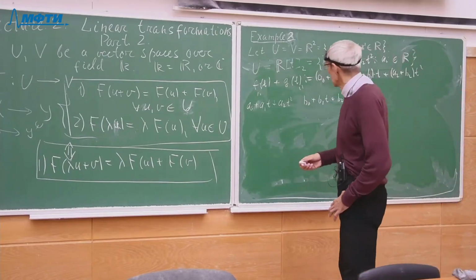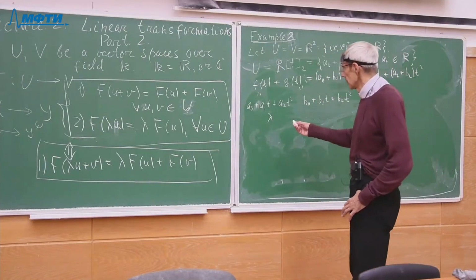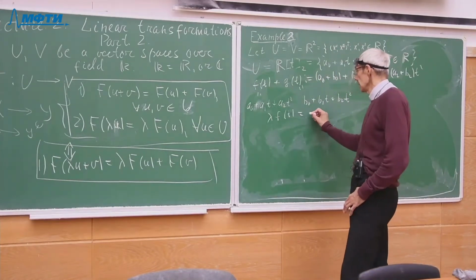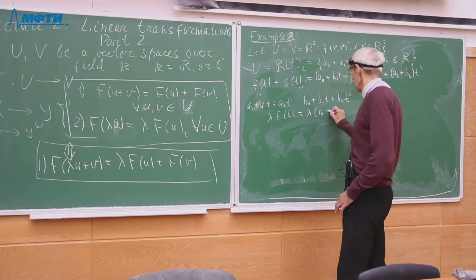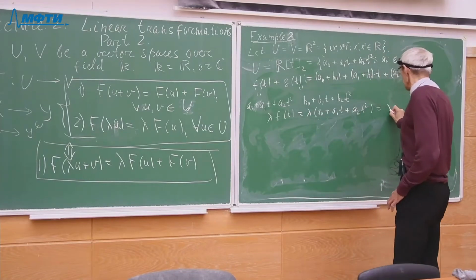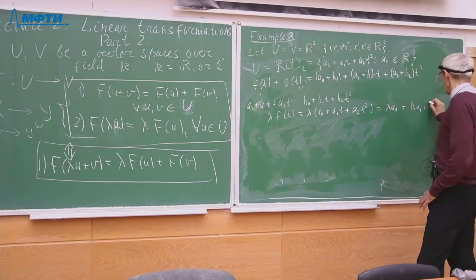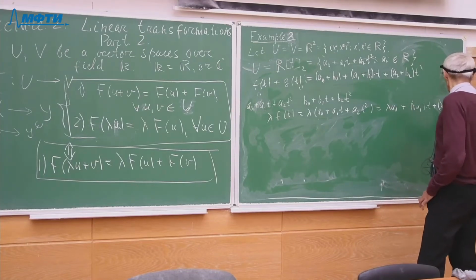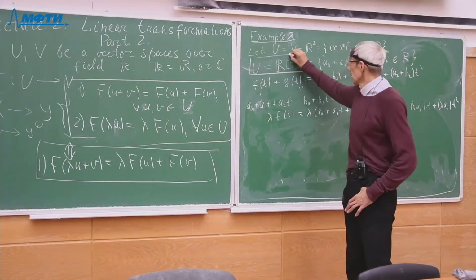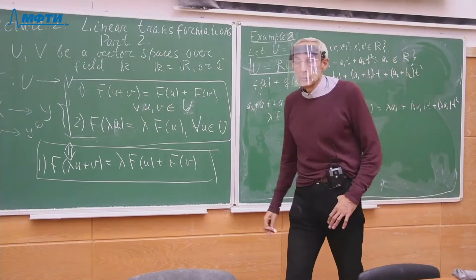And we can also define the scalar multiplication by the formula: lambda times f(t) is equal to lambda times (a0 plus a1 t plus a2 t square), which is equal to lambda a0 plus lambda a1 t plus lambda a2 t square. And we obtain such a vector space of polynomials.